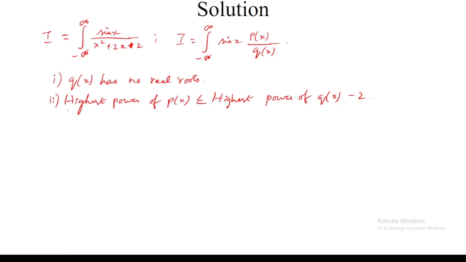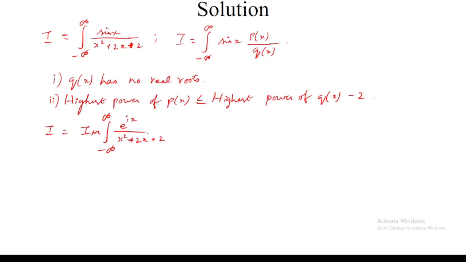If these two conditions are satisfied, then we can rewrite this I as the imaginary part of the integration from minus infinity to infinity of e power ix divided by x square plus 2x plus 2, since sin x can be written as the imaginary part of e power ix.